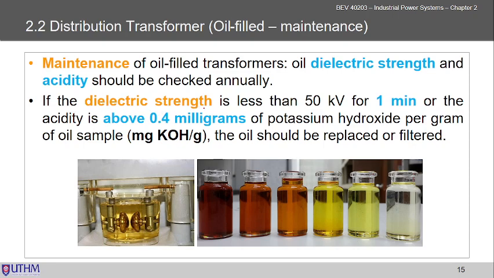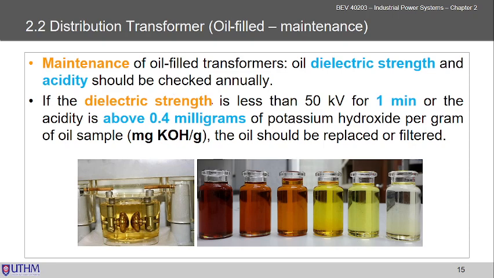If the dielectric strength is less than 50 kilovolts, that means if you give the high voltage, it can only stand for less than 50 kilovolts. So after we apply more than 50 kV, it will have the flash over. That means the dielectric strength is not that good.